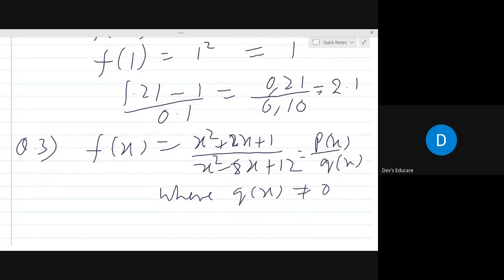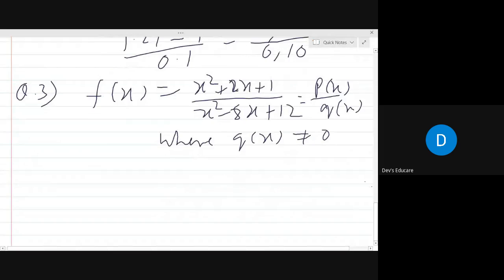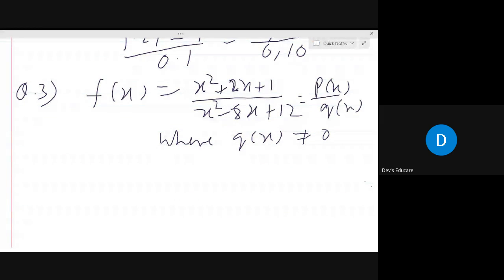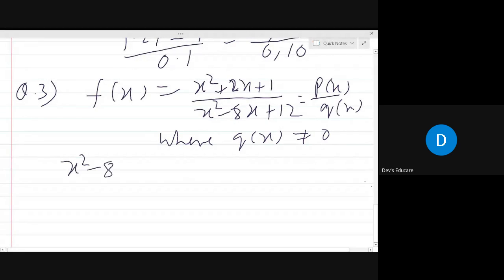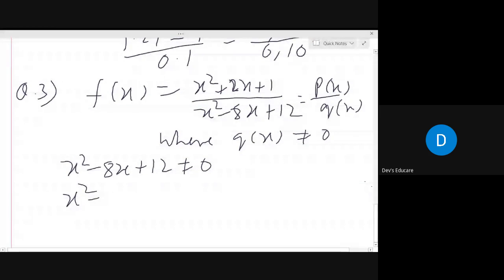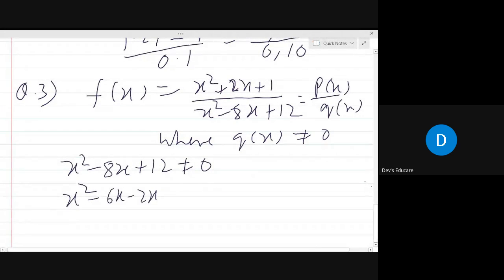So obviously we cannot have 0 in the denominator. So x squared minus 8x plus 12 cannot be equal to 0. Solving it, we have x squared minus 6x minus 2x plus 12 not equal to 0.